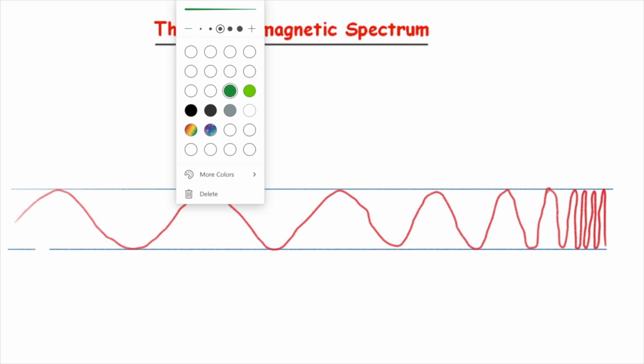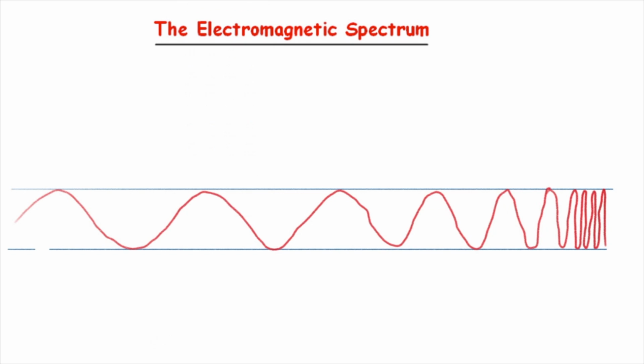Then let's label the different parts of the spectrum, starting with radio waves, microwaves, then we've got infrared, remember the fra, the visible spectrum.